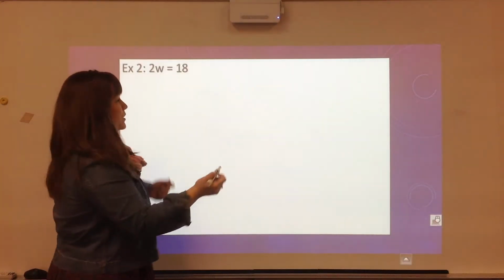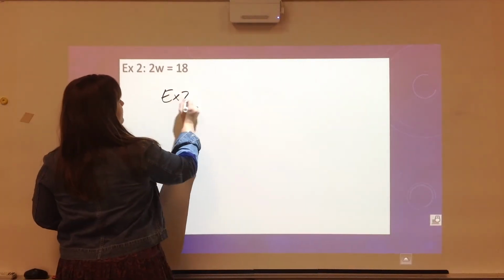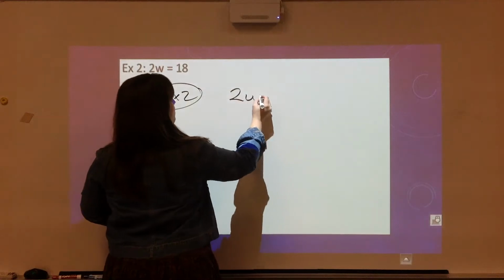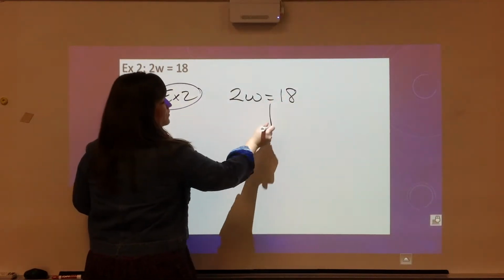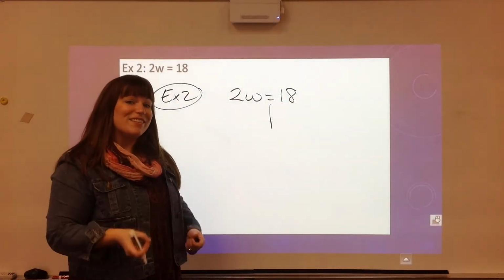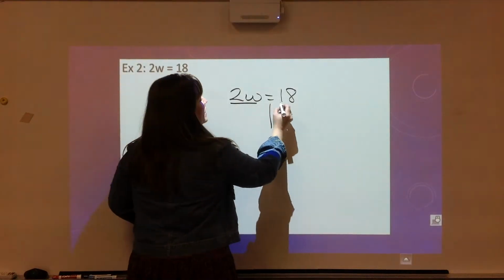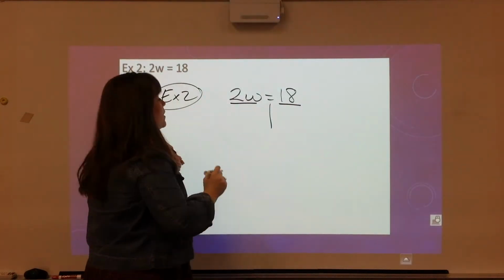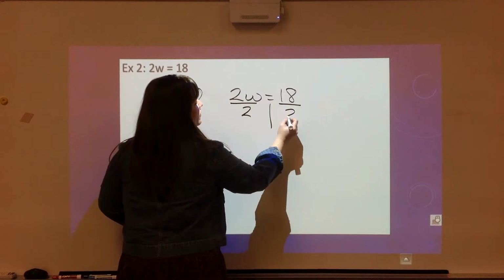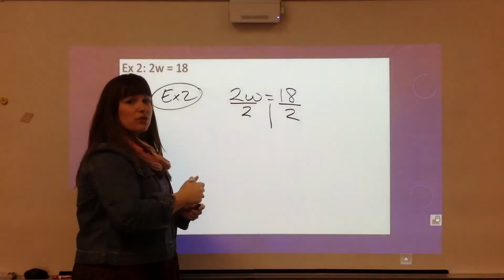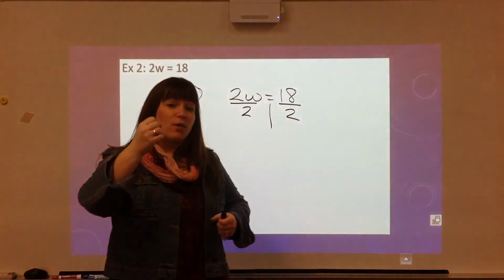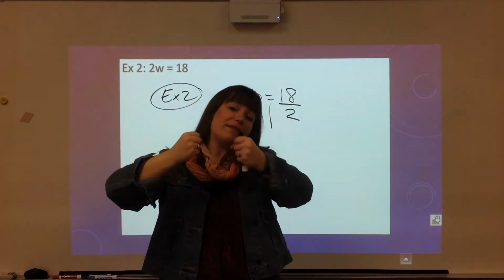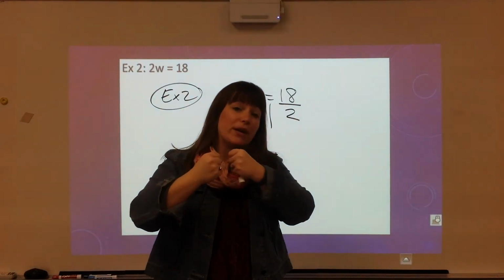From that page, we're going to do example 2 together. That is 2w equals 18. So we're going to draw that division on both sides by that fraction bar. And then we're going to put the coefficient that's next to the w below, because we want to get that 2 away from that w. It's being multiplied and we got to break up that glue.